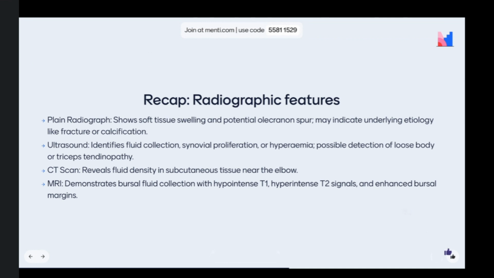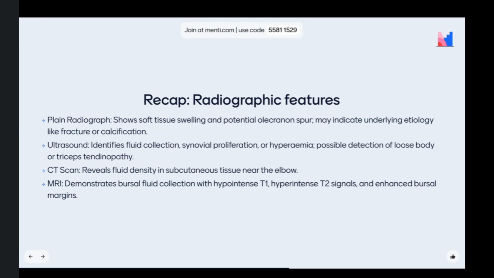So here is the recap of the radiographic features. We talked about them before, but we'll repeat. The first thing to do is the plain radiograph, because it shows soft tissue swelling and a potential olecranon spur. It may indicate an underlying etiology like fracture or calcification. Then we have the ultrasound. It identifies fluid collection, synovial proliferation, or hyperemia, with possible detection of a loose body or triceps tendinopathy.